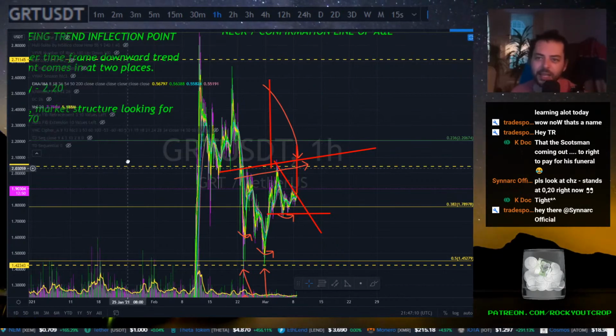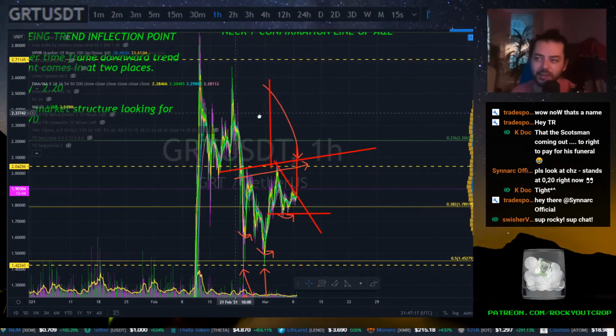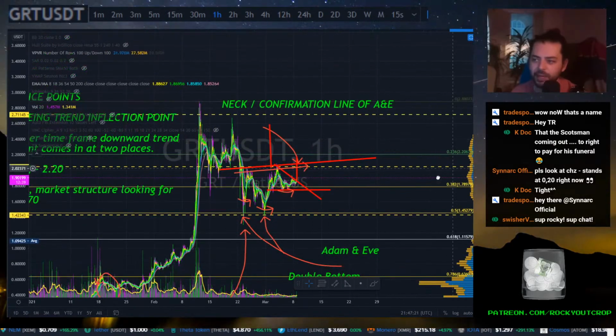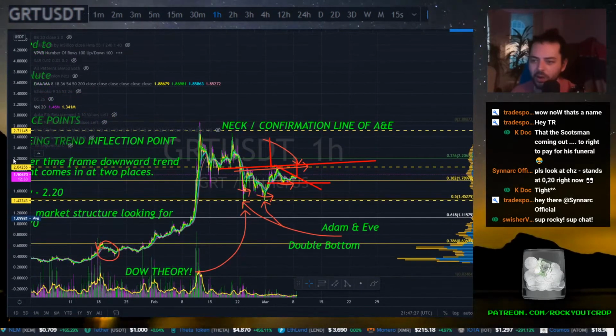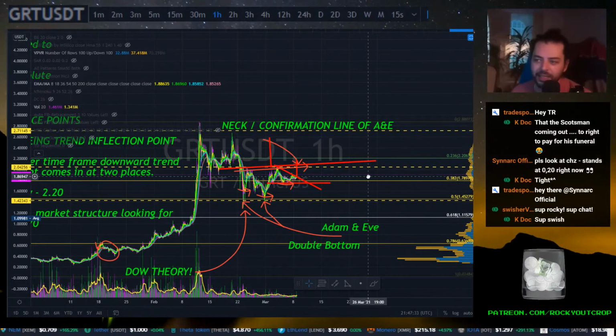You can get double confirmation on that by sticking on the VPVR so we can see it for ourselves. Actually, no, despite the fact that there was a fair amount of price action happening in here, there were no huge nodes along the way, but you can see how this lines up with our Fibonacci very nicely.